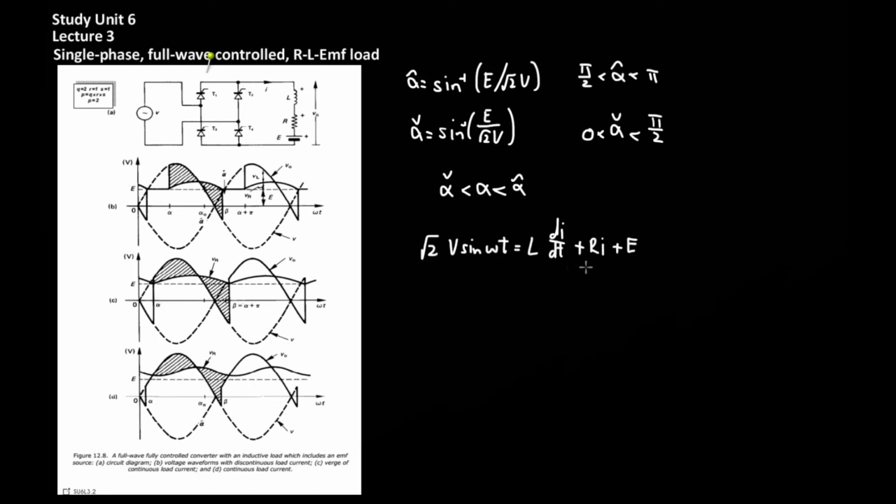As always, the output current characteristic can be solved for by evaluating the expression for the loop inside between the bridge and the load. The Kirchhoff voltage equation for this loop is the supply root 2V sin omega t, once again equal to the voltage across the inductor, the resistor, and the back EMF.